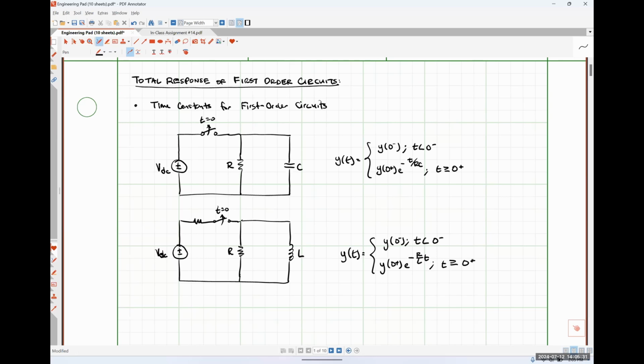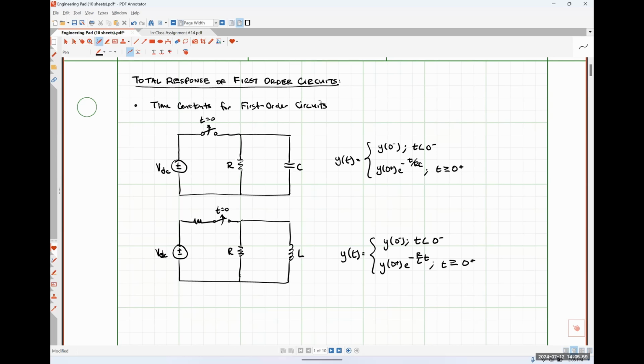Quite obviously, these equations are very, very similar to each other. As a matter of fact, as electrical engineers, we generally speaking don't care whether it's an RL circuit or an RC circuit. We're just interested in how a first order circuit in general behaves.